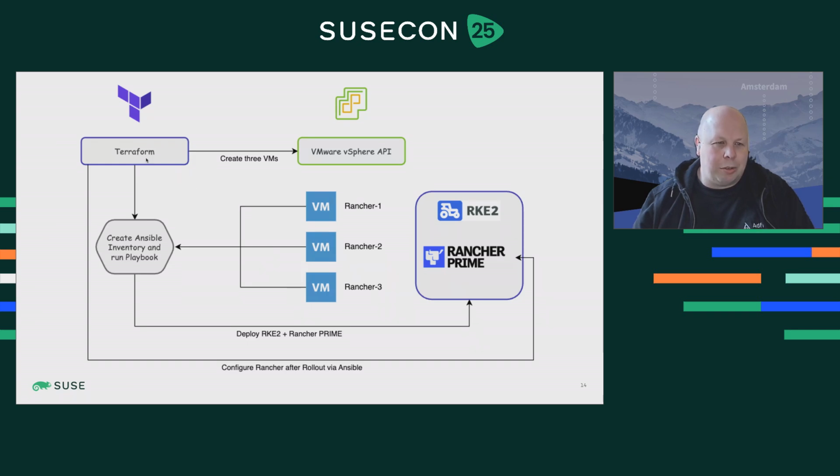We will then use Terraform to create an Ansible inventory and run the playbook. So Terraform will execute Ansible, will provide the inventory, will provide the hosts, and some special variables and some special inputs like the SSH keys, how to connect, and all that stuff. And it will then also do all the deployments of RKE and of Rancher Prime.